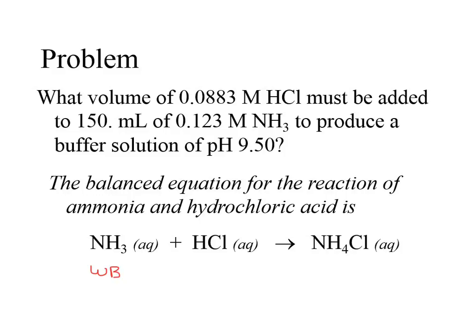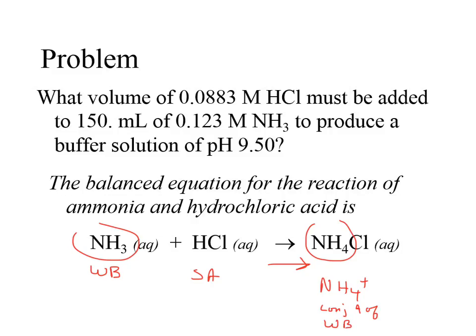Weak base, strong acid, one-way arrow. Hopefully you see what's being created over here: you have your NH4+, the conjugate acid of that weak base NH3. That's the chemistry on the front end to make your buffered solution.